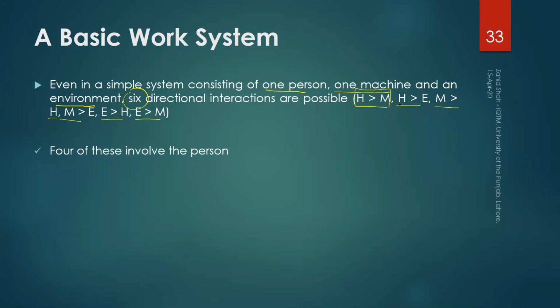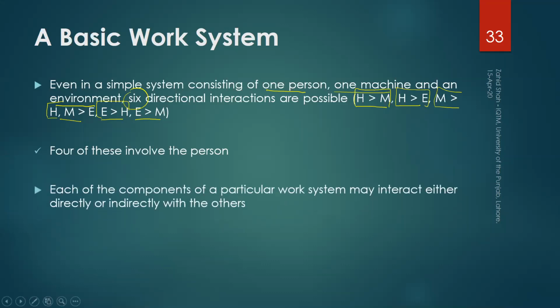Humans can impact machines, humans can impact environment, machine can impact human, and environment can impact human. So these are the four interactions in which humans are involved. Human can impact machine and environment, and of course, machine and environment can impact humans.